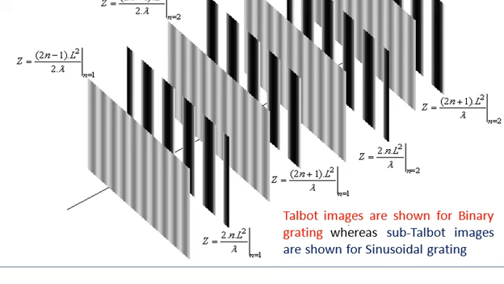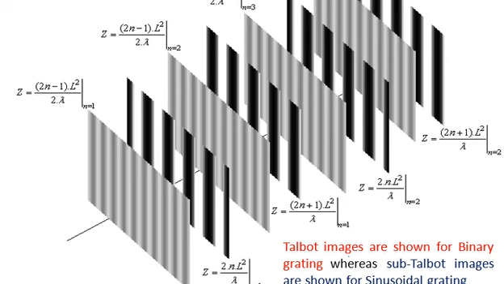For example, the binary image 1 and the binary image 3 are the exact replica of the original object, whereas the binary image number 2 and the binary image number 4 are the contrast reversal of the original objects. So the binary images contain two sets: one are the original objects, and the second one are the contrast reversals.